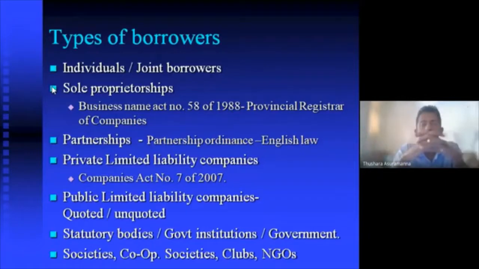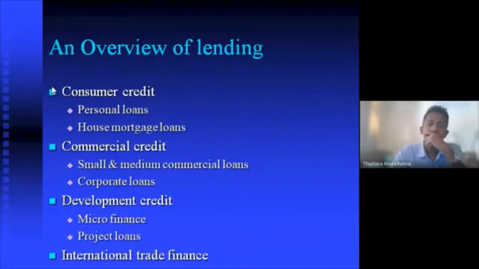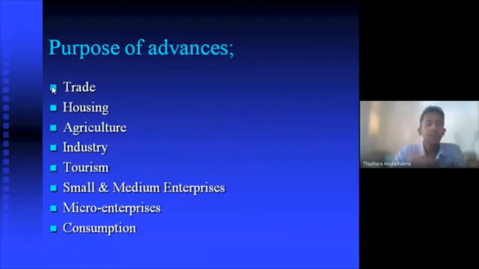That is what we were trying to discuss throughout these 4 lessons, where we try to see BCS: borrower, credit, and security. Then these are the types of credit available in the banking book: consumer credit, commercial credit, development credit, international trade finance. These are the purposes of advances: trade, housing, agri, industry, tourism, small scale, small and medium enterprises, micro enterprises, consumption.